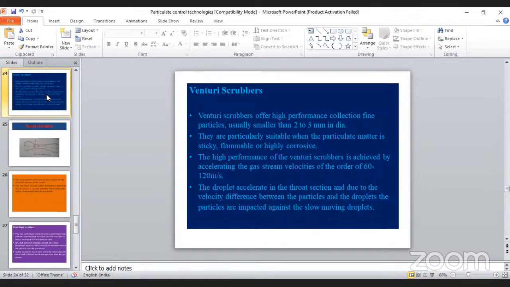We are not using any extra provision to run it. If you take a cyclone separator, an electrostatic precipitator, or a gravitational separator, some extra devices are attached to run the unit. Why? There will not be any corrosion problem, any flammable problem, or any toxic problem.